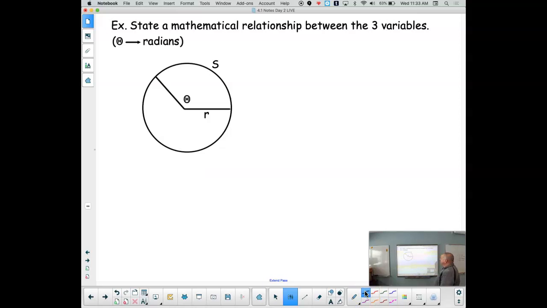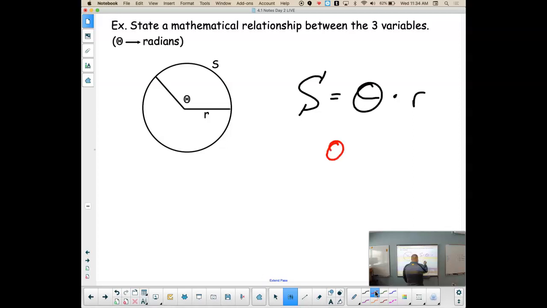Okay? Yesterday we learned the mathematical relationship between these three variables. We said that S, the arc length, was equal to theta, times the radius. And the kicker for that was the fact that theta has to be in radians.